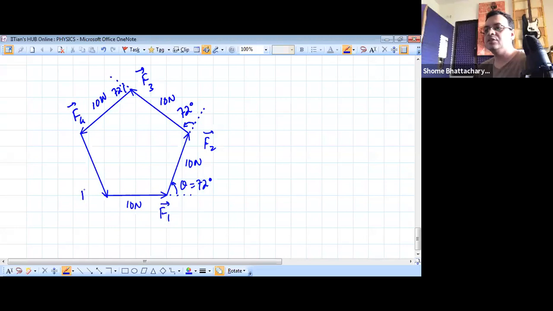So that is why the resultant of these vectors will basically become 0, because drawn head to tail, they form a closed figure. In this case, that closed figure is the regular pentagon of side length 10 newtons.